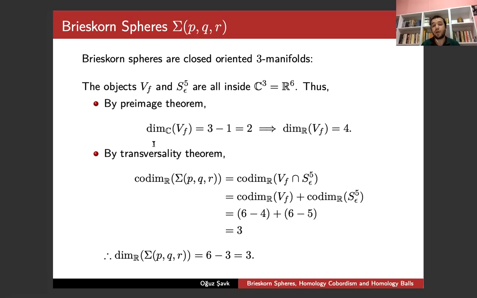The transversality theorem also explains the transverse intersection of manifolds. They describe the codimension, so we easily find that the codimension of the Brieskorn sphere is 3. These objects are all inside six-dimensional real space, so the dimension of the Brieskorn sphere is 3.